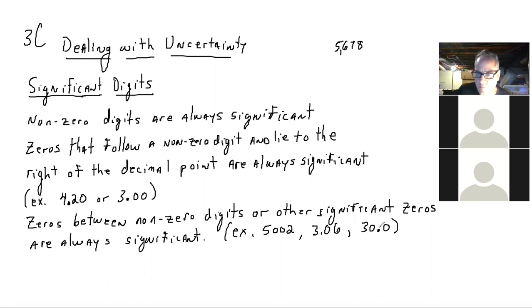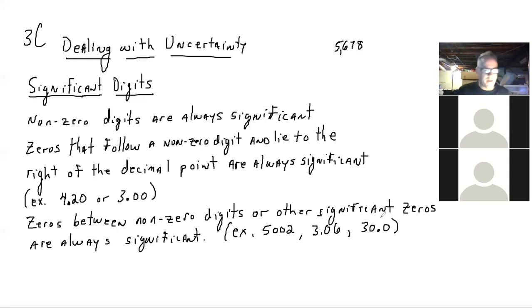But since I'm listing out to the tenths place here, the 0 is to the right of the decimal point, and that makes this one significant, and therefore this one is significant too. So there would be 3 significant digits there.